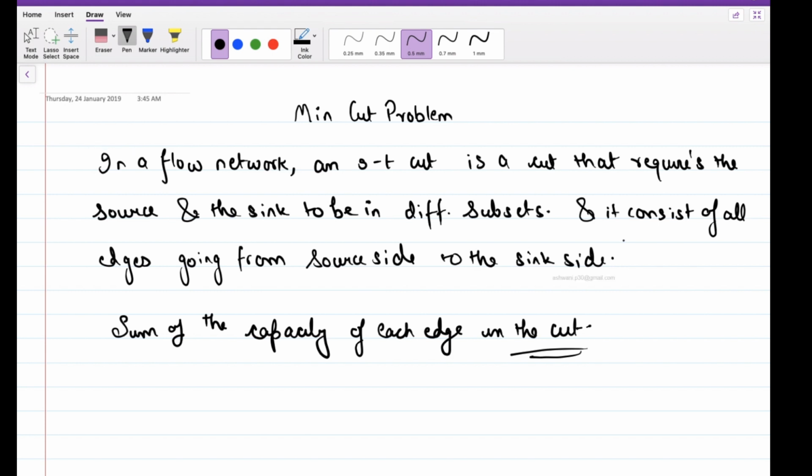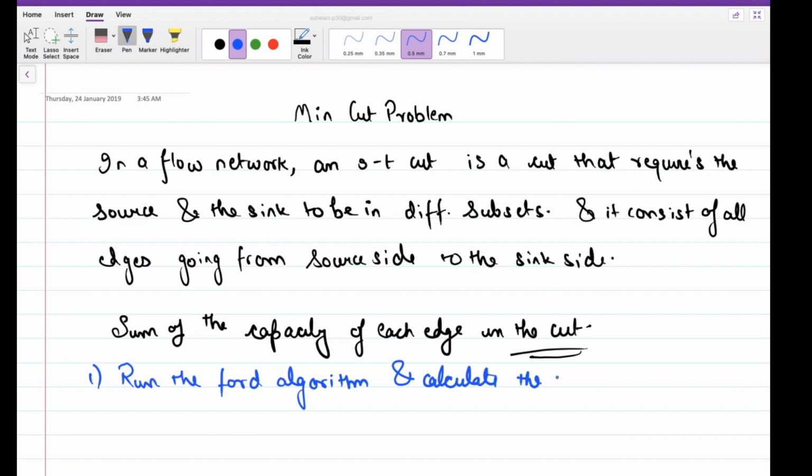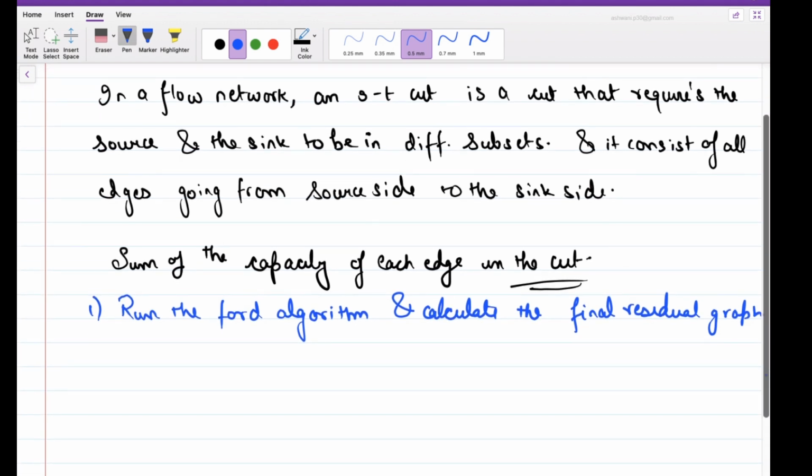According to the Ford-Fulkerson algorithm, all we are supposed to do is run the Ford-Fulkerson algorithm and calculate the final residual graph. The final residual graph will be made by calculating the maximum flow inside the flow network.